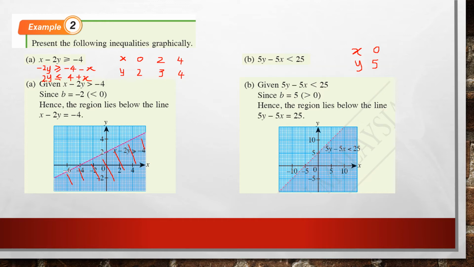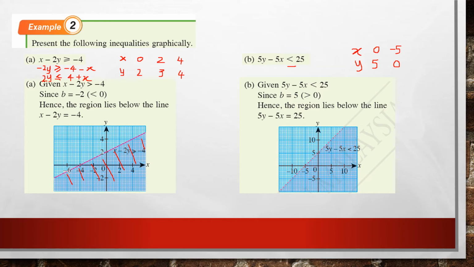You can take any point that you find easy. Or when y equals 0 also can. When y equals 0, x will be -5. You just substitute into the inequality, you will get the answer. So you just plot those 2 points, then you draw a dotted line. Don't forget this will be a dotted line because you don't have an equal sign in your inequality.